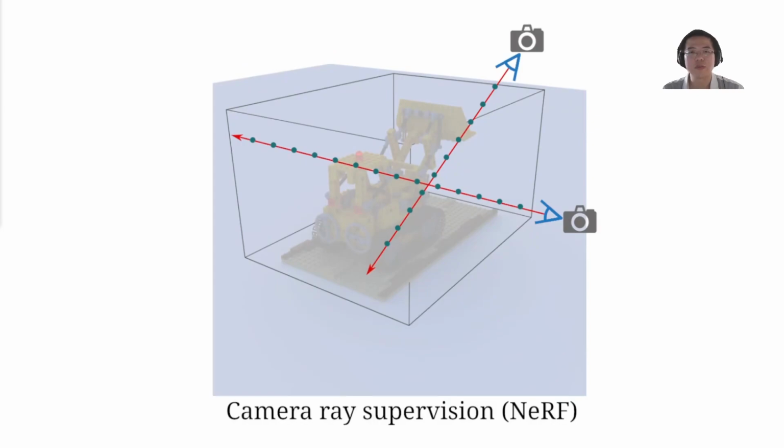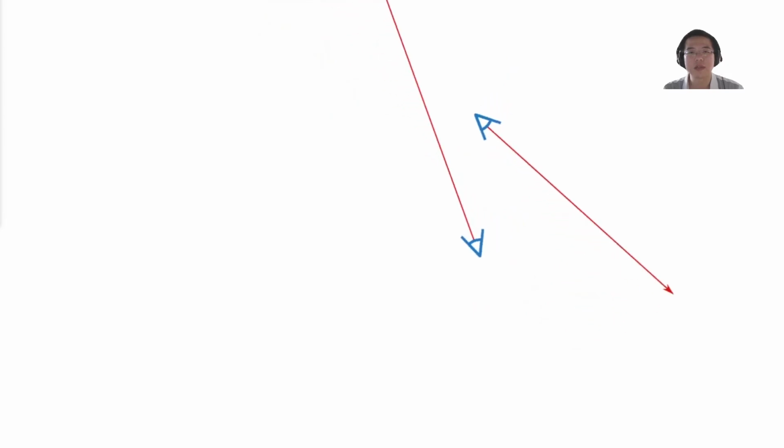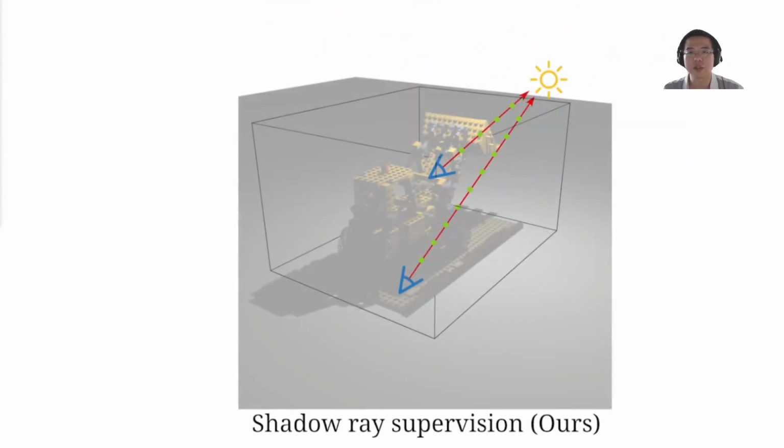As NeRF uses each pixel independently, we can regard each pixel as a ray sensor recording the incoming radiance of a particular ray. By placing the ray sensors at known positions towards the light direction, we can supervise shadow rays between the scene and the light source to reconstruct a neural scene representation. However, these hypothetical ray sensors are hard to implement in an actual capture setup.